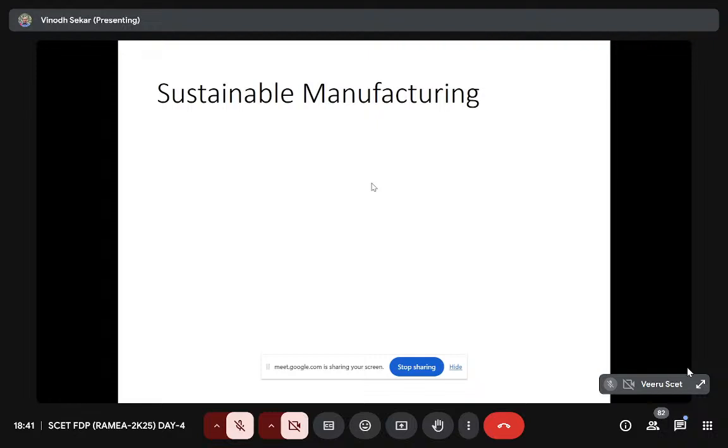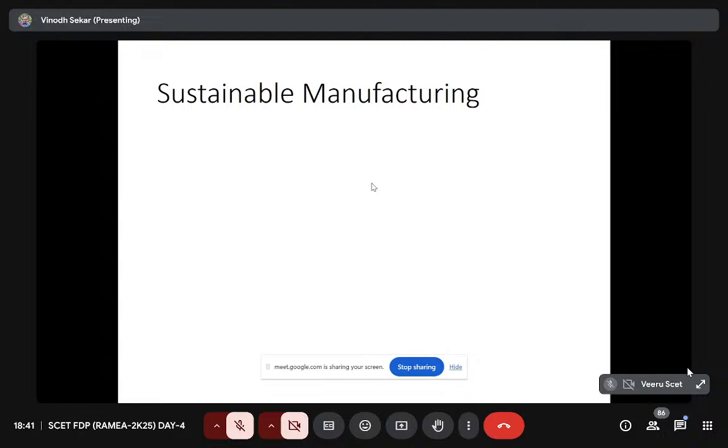We could understand that there is a connection between smart manufacturing and sustainable manufacturing. As we have understood, sustainability is also one of the key dimensions of a smart manufacturing system. We could realize that connection while discussing the concept of smart manufacturing.